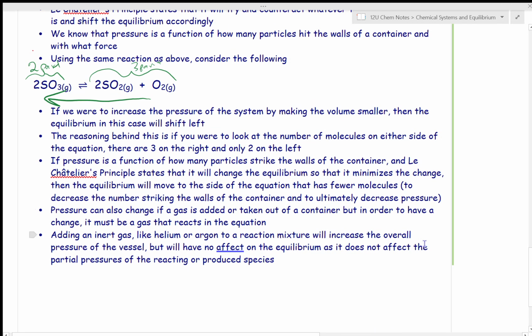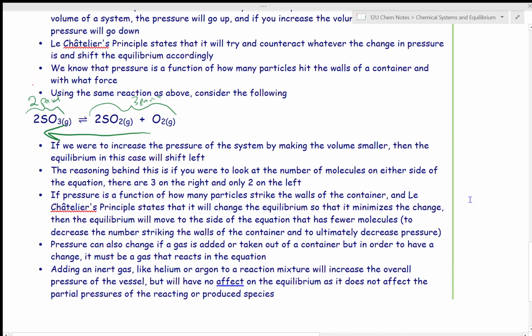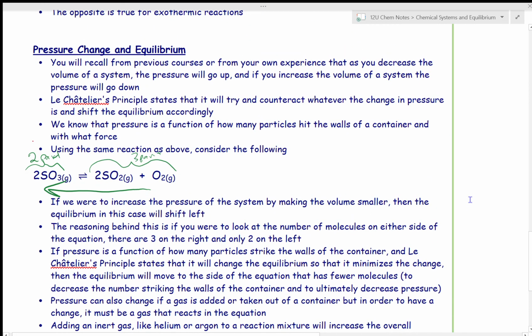Now there is a lesson, and basically what I said is just written here in paragraph form, but there is actually a lesson on Kp, which is the equilibrium constant with pressures. Have a read through that lesson. I'm not going to do a formal lesson on it because I know a lot of the other teachers don't cover it.